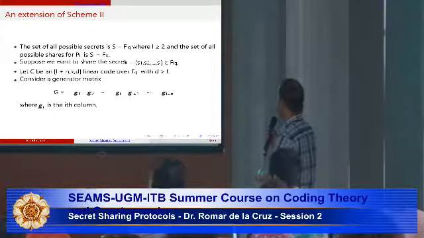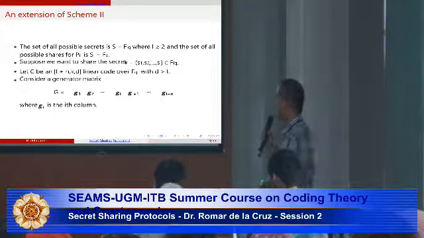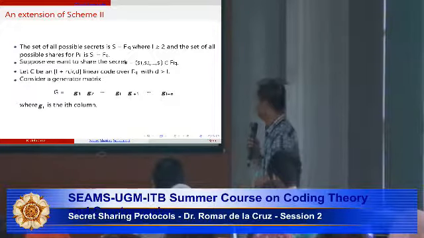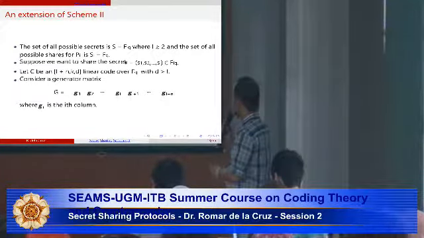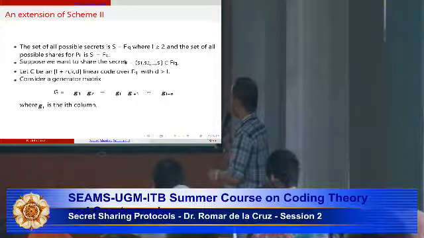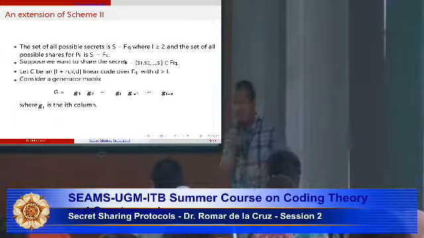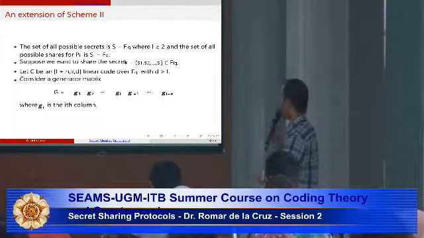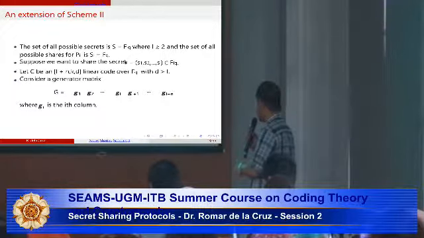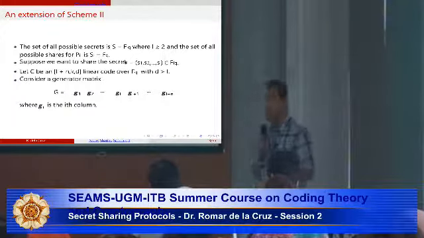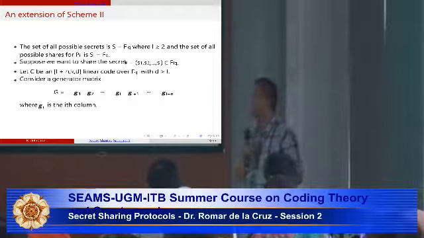Suppose this is the secret, a length L vector. To apply the construction, this time we use a linear code with length L plus n, dimension k, and minimum distance d, where the minimum distance is greater than the length of the secret.